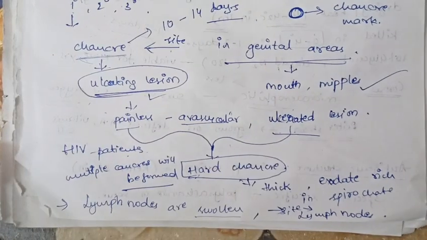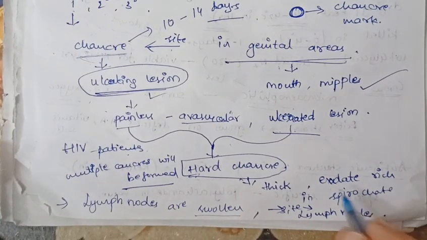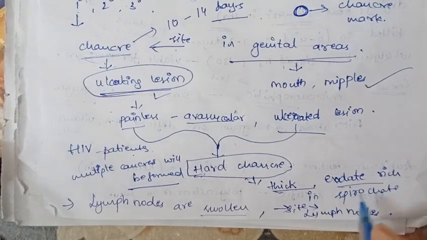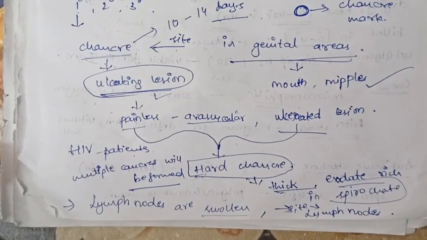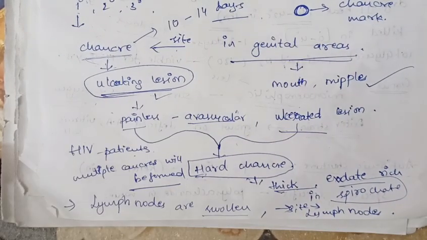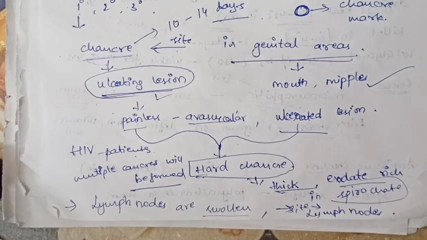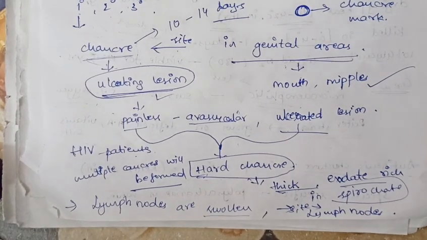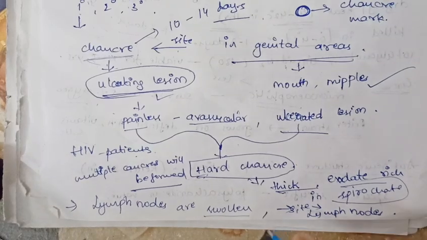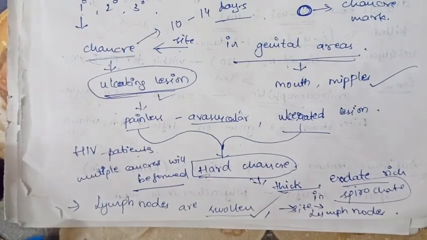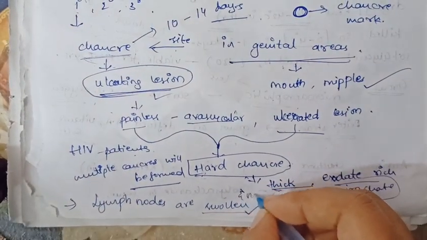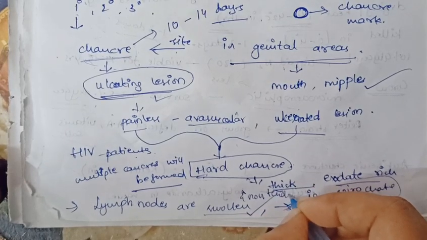The canker now consists of thick exudate rich in spirochetes, and before forming the canker, when spirochetes move into the lymph nodes, they get swollen and non-tender.